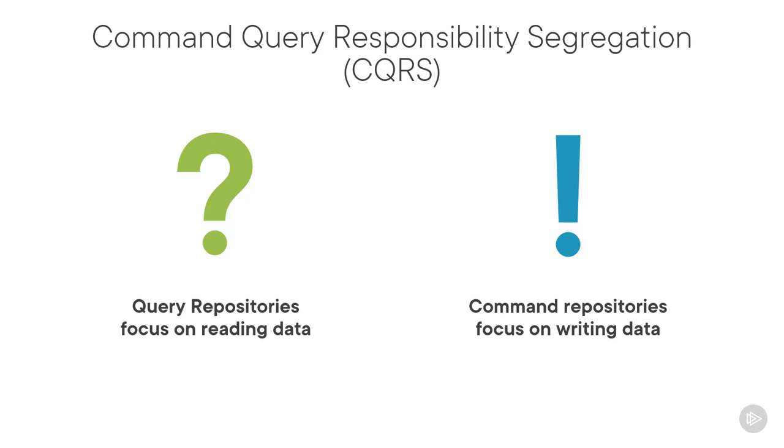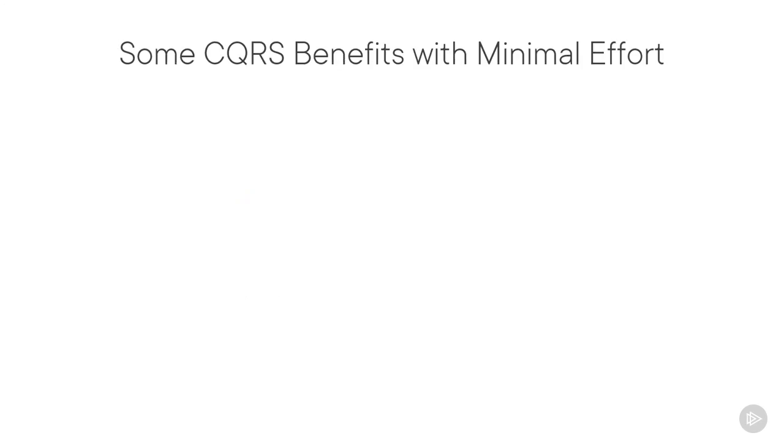This is related to the concept of Command Query Responsibility Segregation, or CQRS. Read operations are queries, write operations are commands. There are many benefits to leveraging CQRS that we don't have time to cover in this course, but one area where you may immediately benefit is with modifying behavior related to these kinds of operations.